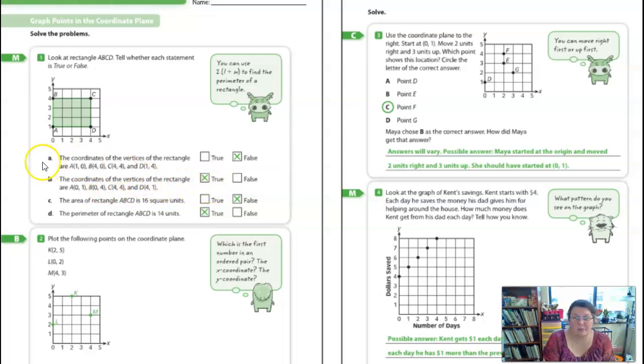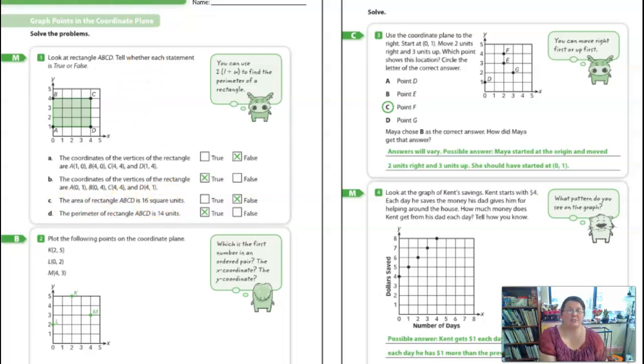That is true, and we prove that by going and finding all the coordinates of the vertices just a moment ago. On C, the area of the rectangle ABCD is 16 square units.